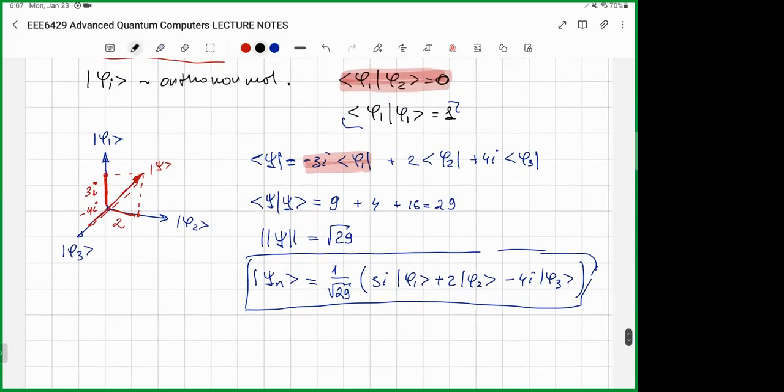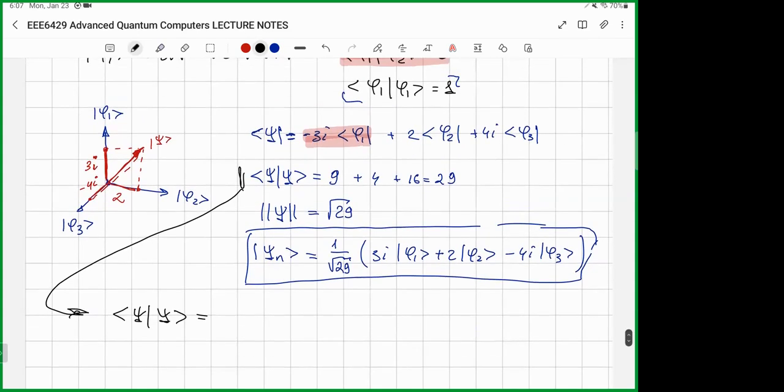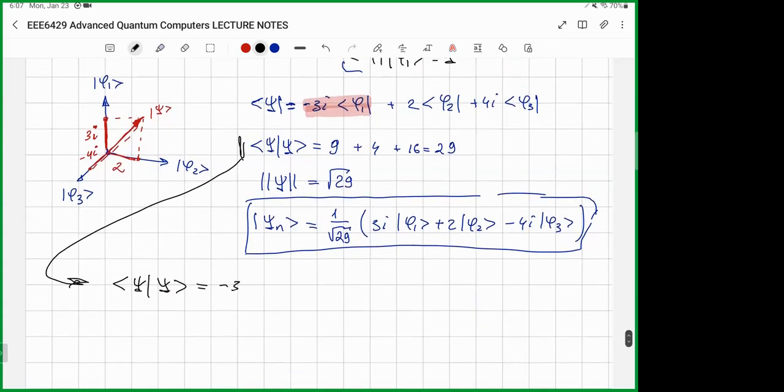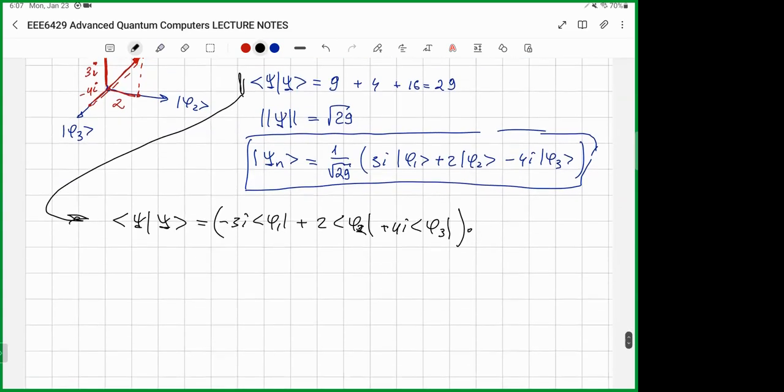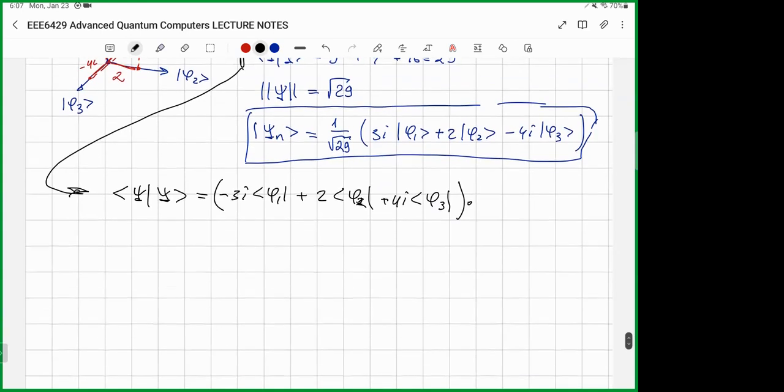So basically this part here: we write the bra psi is equal to minus 3i phi1, then plus 2 phi2, plus 4i phi3 vector times... I can see it on the screen, it's just me. Do you see my screen and how I'm writing this?